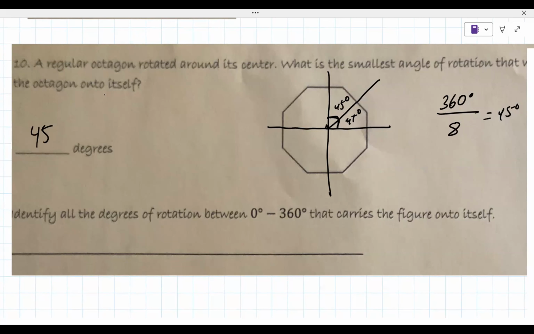So that's how you come up with the angle. That's what I was wondering if you guys got a formula. It's usually 360 divided by the number of sides. Right.